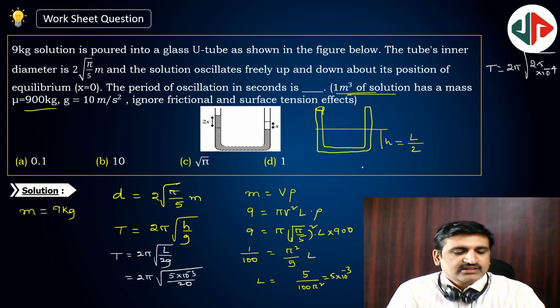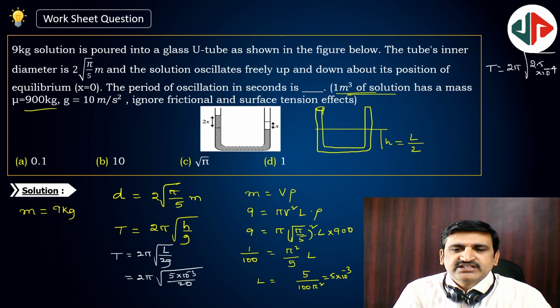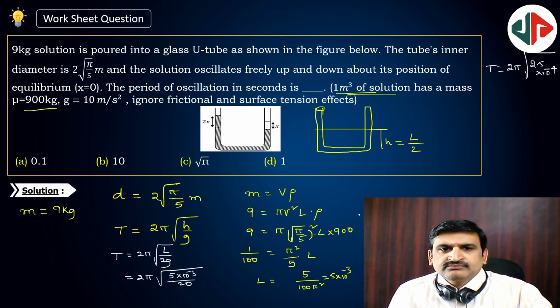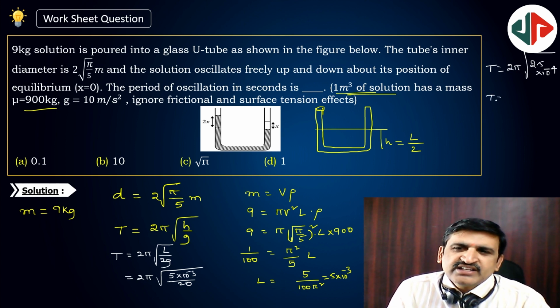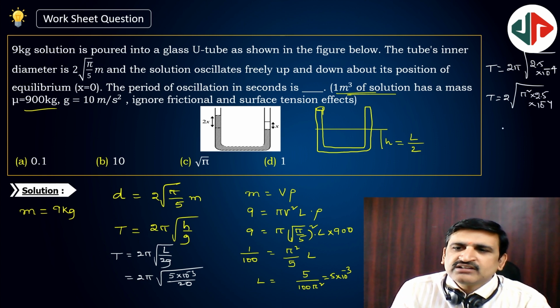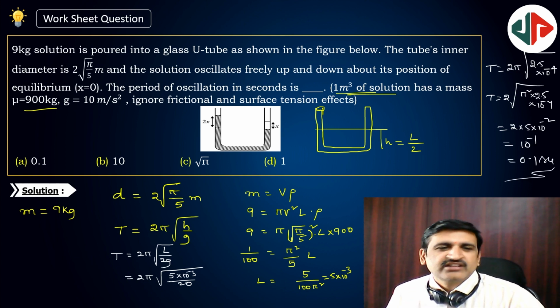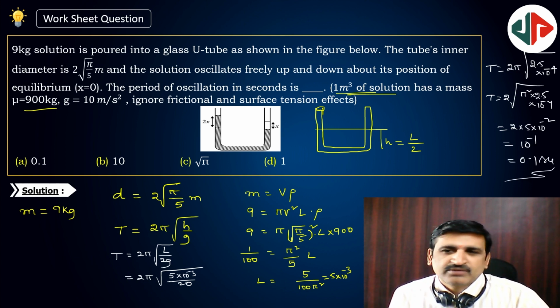After simplification, T is equal to 2 root over, this pi square will come inside and into 2.5 into 10 to the power of minus 4 will be there. So pi square will be 10, obviously it is 25, 25 under root will be 5. So 2 into 5 into 10 to the power of minus 2, this is 10 to the power of minus 1, that is 0.1 seconds. Mathematical simplification will come with practice of a great number of problems.